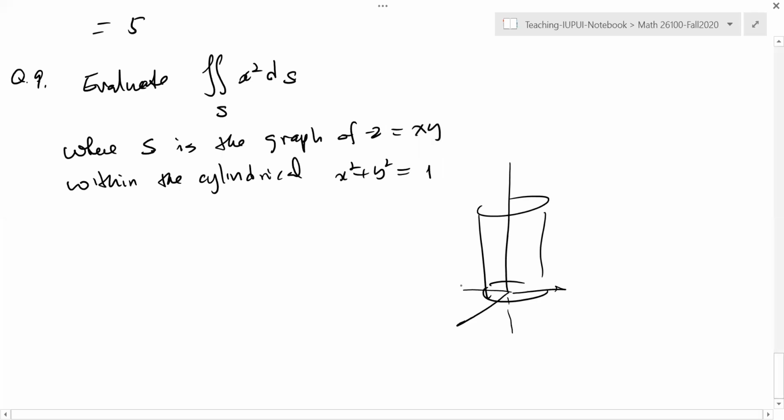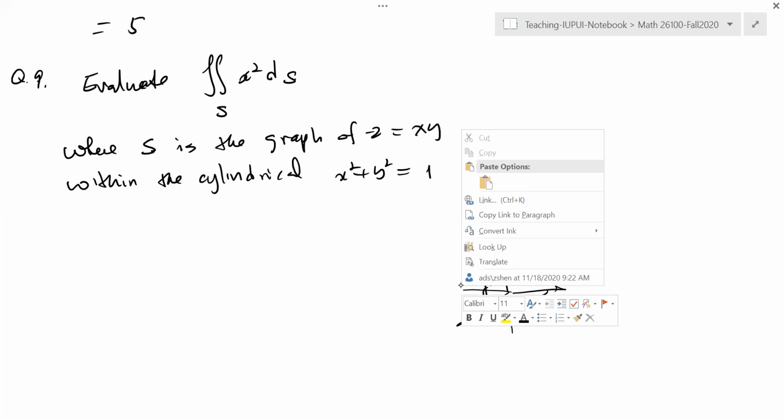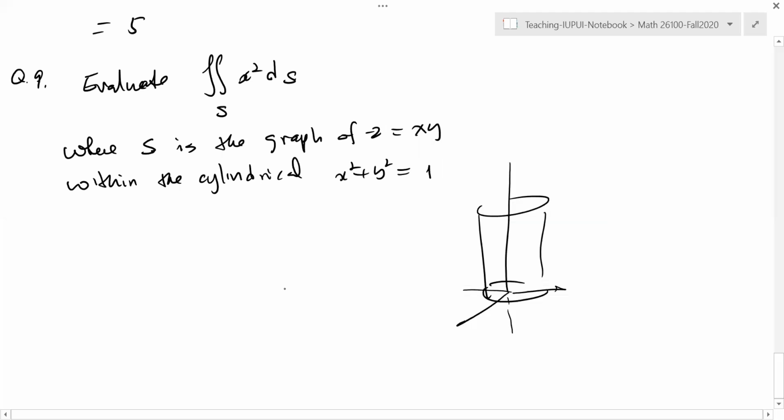We only consider the surface. We're not talking about the volume of the region. So what are you going to do? Here is some surface, so you can draw a piece of the surface. For the surface, if you use a special parameterization, this is z equals f(x,y).